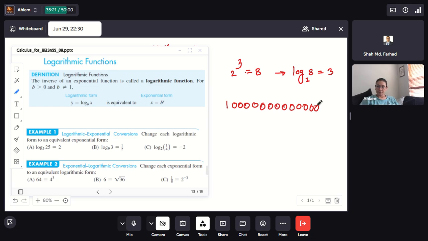Counting the digits, 1, 2, 3, up to 13, that means 10 power 13. Now if I put a log base 10 in front of this, the result is 13. That means log base 10 just converted the number into a smaller one.